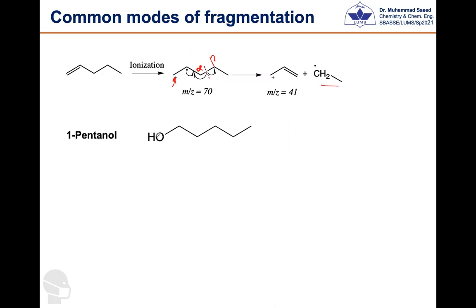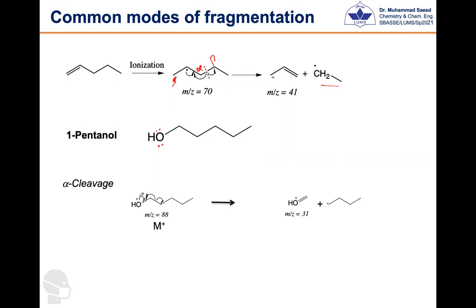Okay, last example, one, pentanol. So normally molecules are given in this way. You have to very carefully draw the free radical, the lone pair on oxygen, and identify the site of ionization. And of course, that will be the OH.